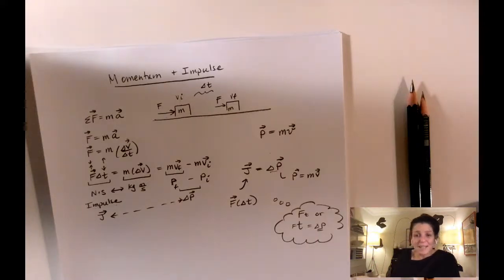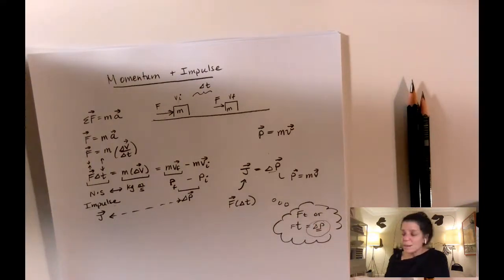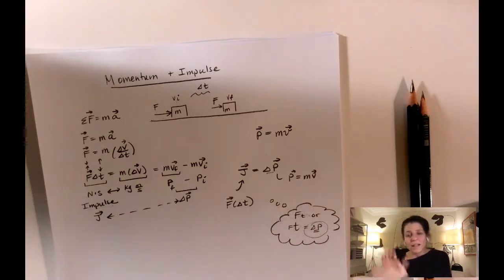because I have to, because I hit something or I have to stop, right? Now, if my momentum change is decided for me based on my initial final velocity and my mass, I can't change this side of the equation. But I do have some choices about how I accomplish that. So if the car hits something it has to stop quickly, my body hopefully doesn't have to stop quickly. I can hit an airbag.